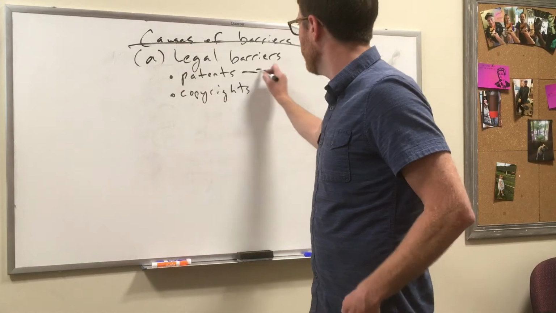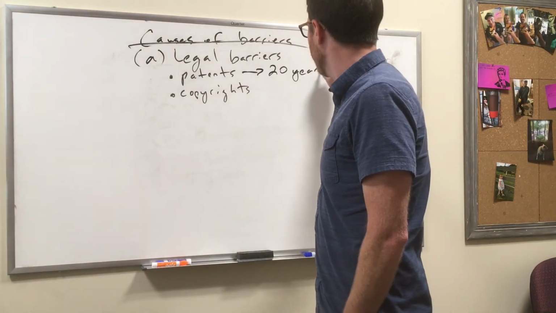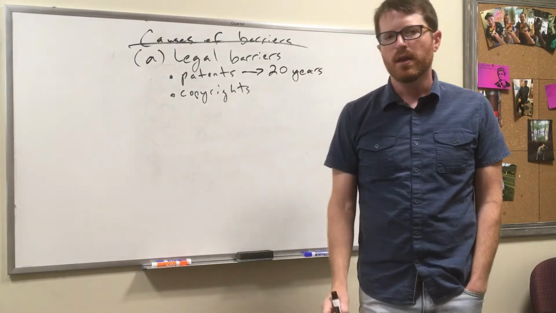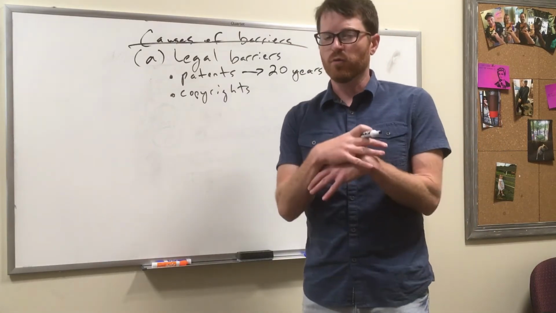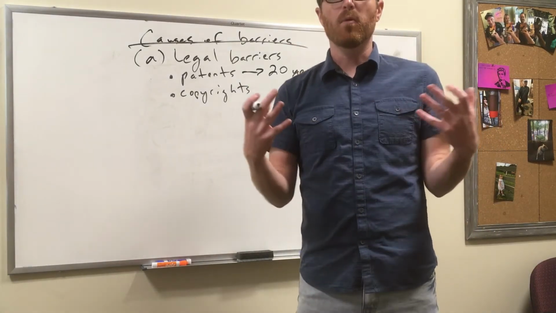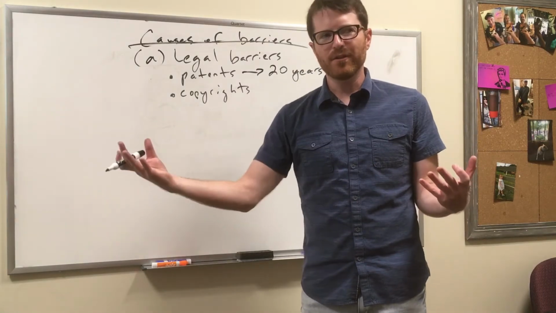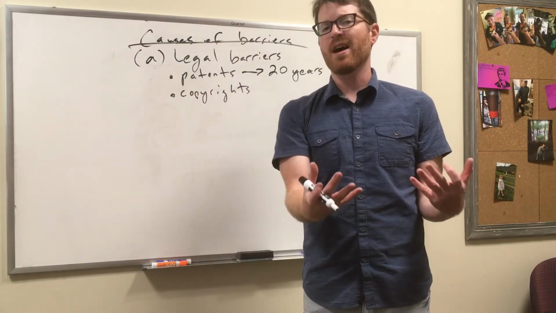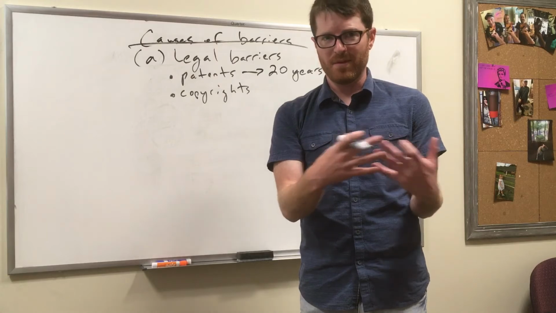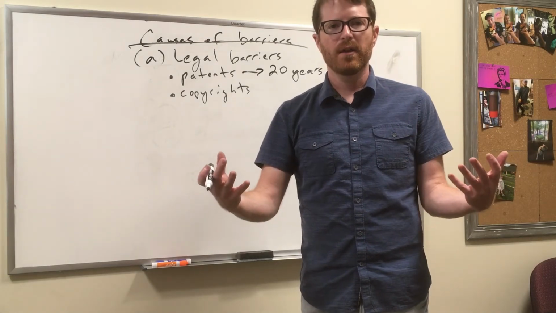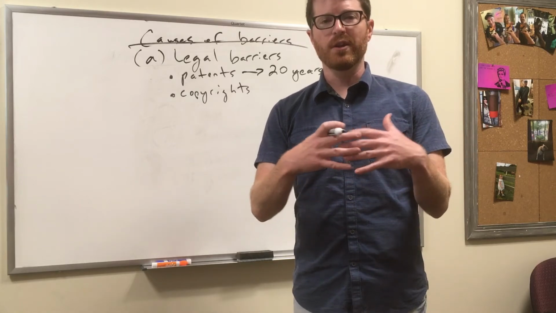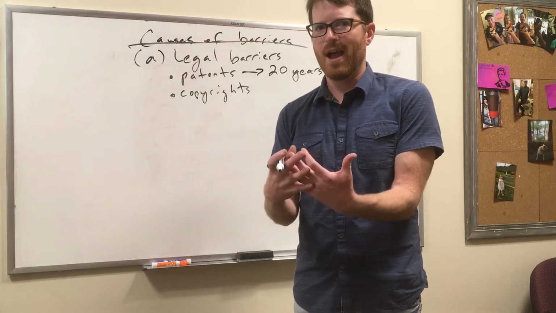So for patents, it's often 20 years, depending on the type of industry that we're discussing. And the logic of the patent is this. If I'm going to develop a medicine that's really useful and that a lot of people want, well, if I know that somebody else can just copy my design and create the medicine that I invented, well, then that's going to disincentivize me. The whole reason why I might want to create a really good medicine is because I have to think about profits.